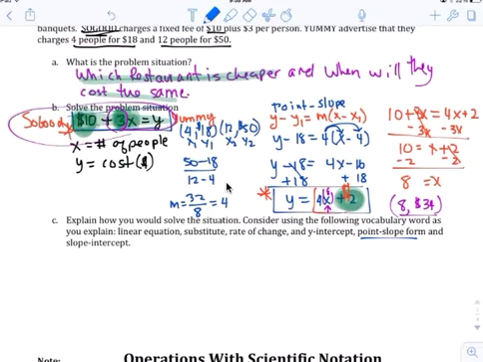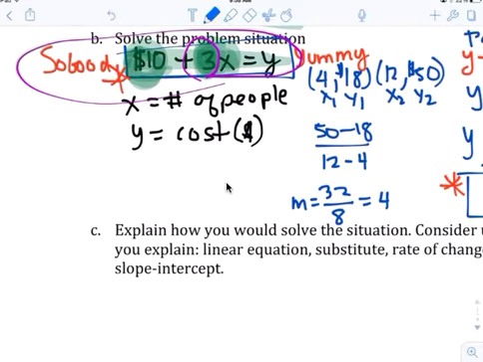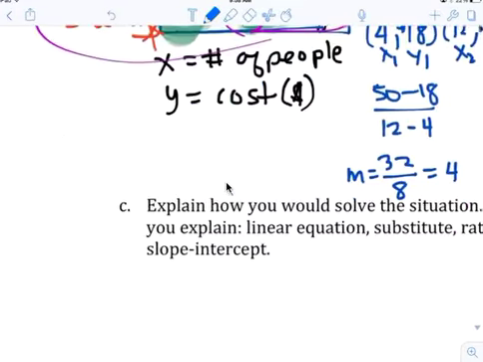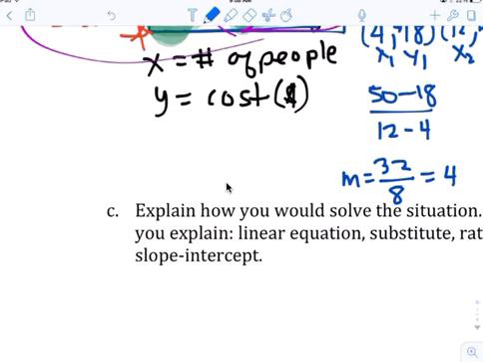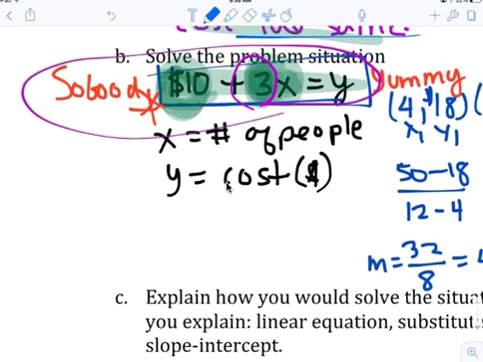Your problem situation is which restaurant is cheaper and when will they cost the same. Okay, so sorry for giving you such little room. Write small. So Good costs more. Okay, let's say, yeah, we'll use Yummy.